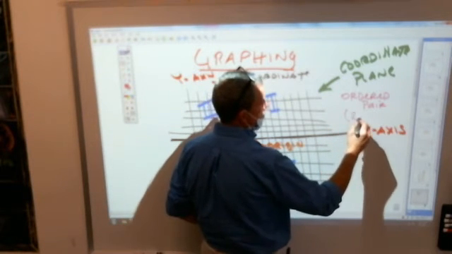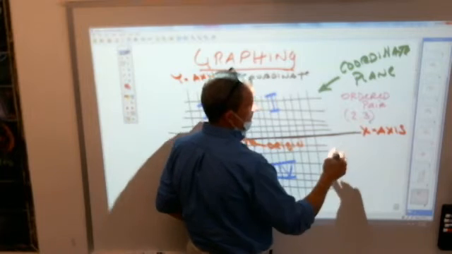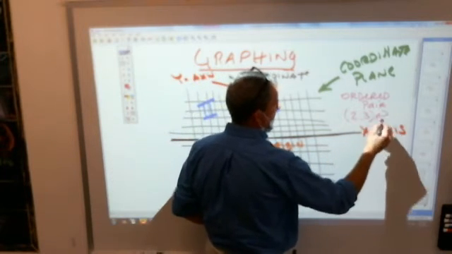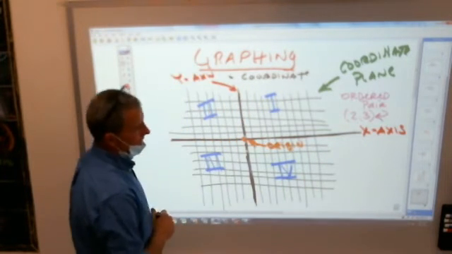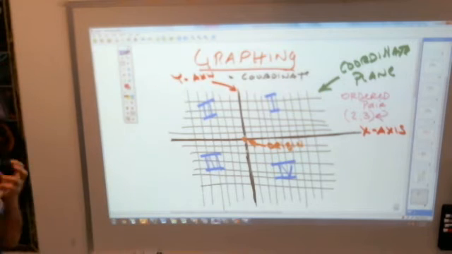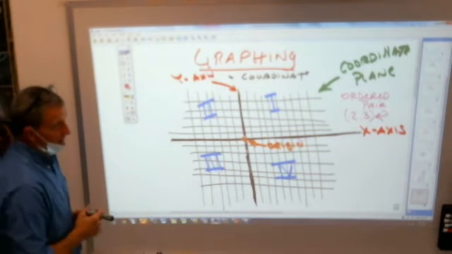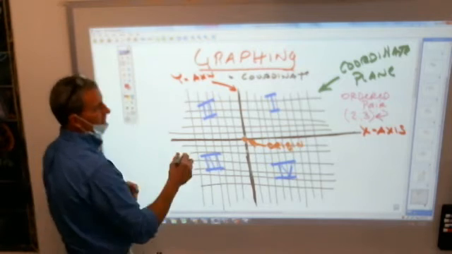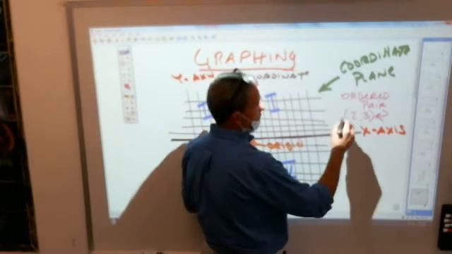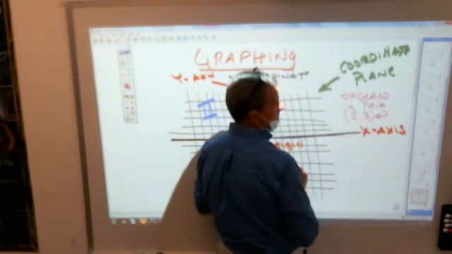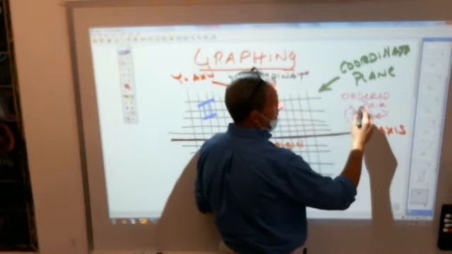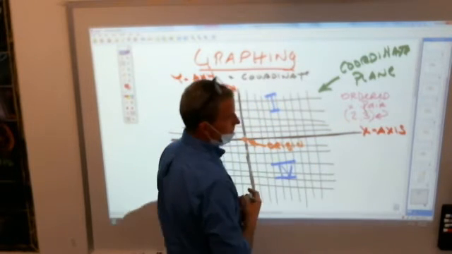Let's say this is 2, 3. This is my ordered pair, and that ordered pair stands for one specific point on my coordinate graph. The first number given in this ordered pair is what we call the x number, and the second number is the y number.